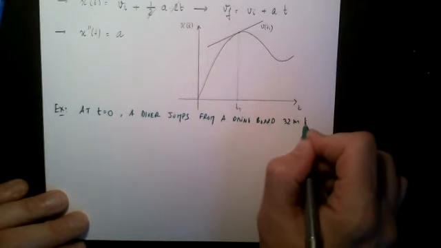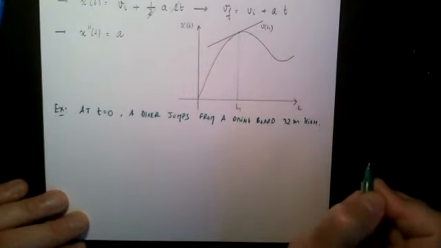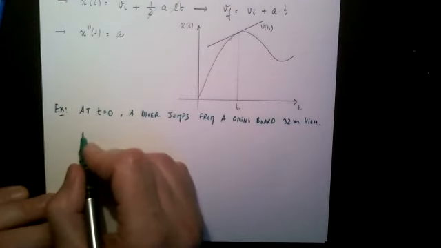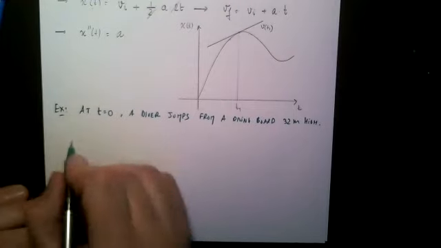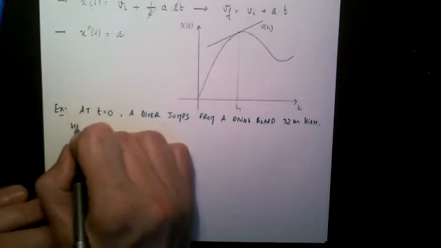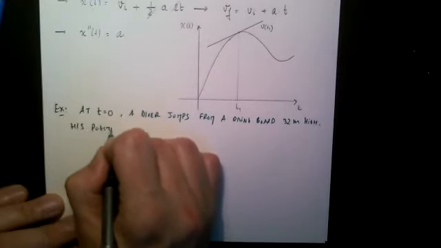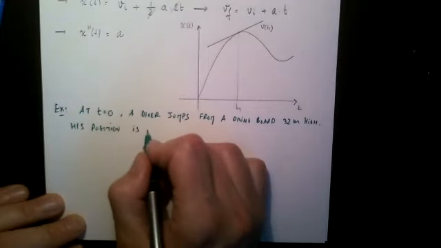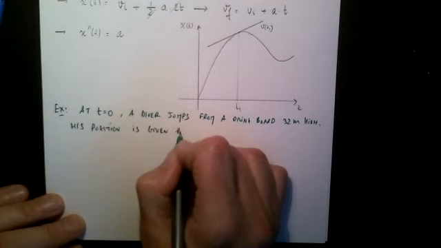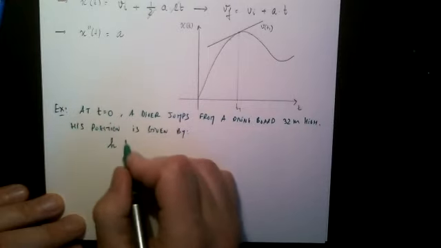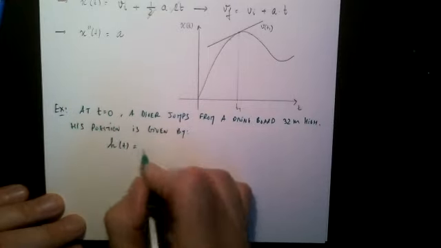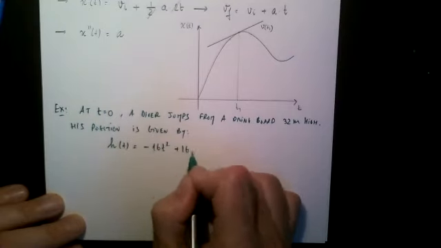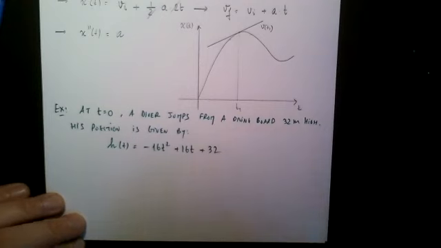His position is given by h of t, the height at time t, equal to negative 16t^2 plus 16t plus 32.